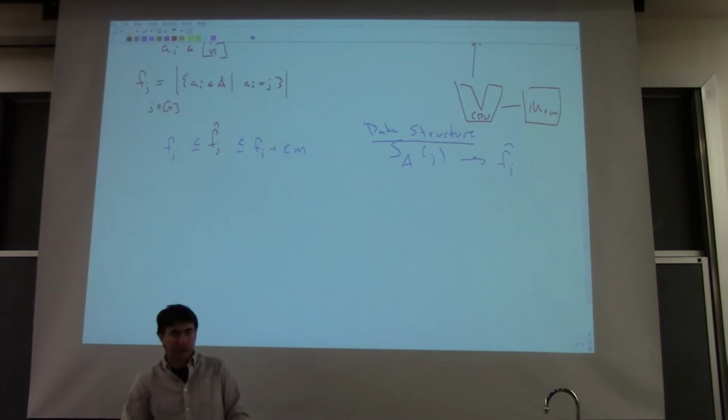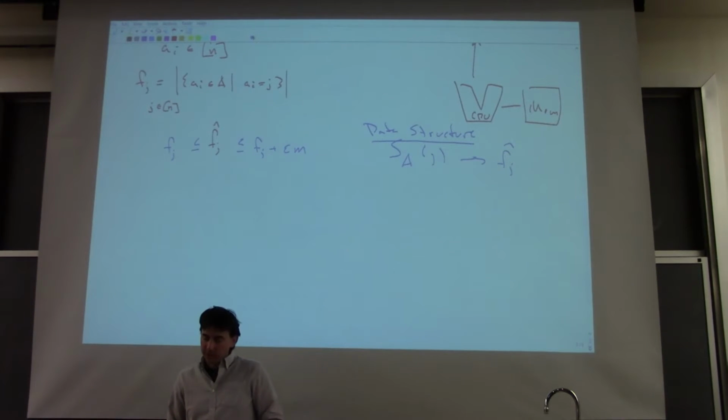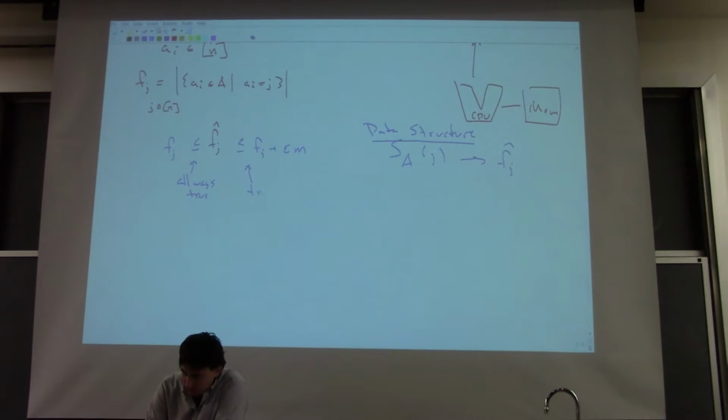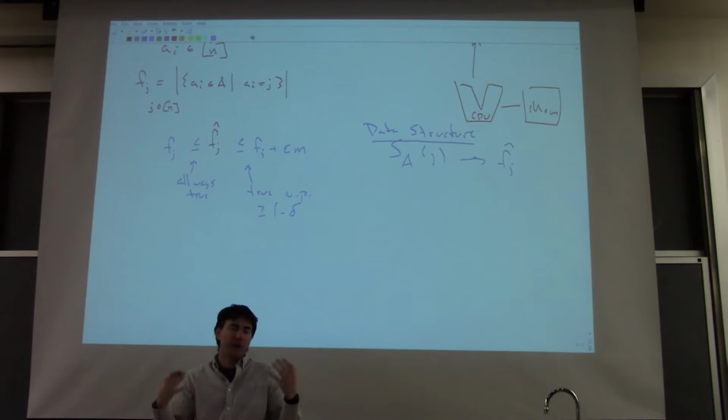Okay, and this data structure is going to be random, so it's going to turn out that this bound is going to be true with probability at least 1 minus delta for some other delta parameter that's going to go into the size.